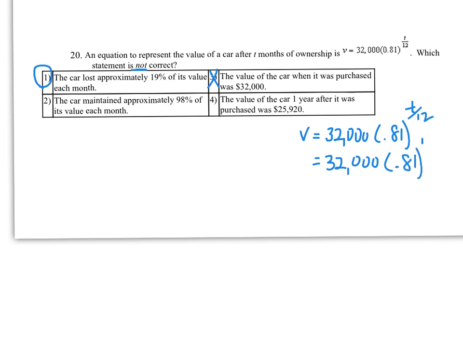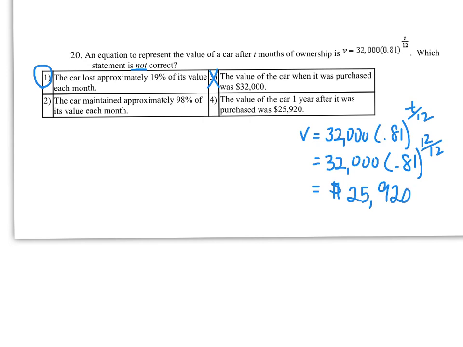Well, 1 year means 12 months, right? 12 out of 12, which is really just to the first power. So then you can take your calculator and do 32,000 times 0.81. And when you do that, you're going to get $25,920, which is choice 4.